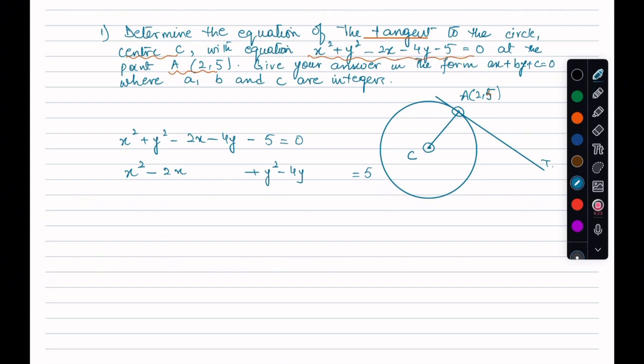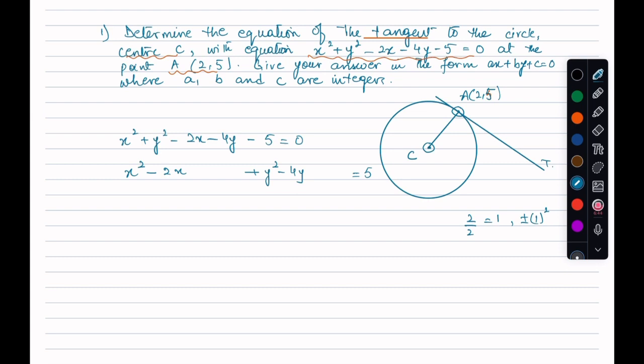To do that, I will be using my completing square method, and we know that for completing square method, we have to divide the coefficient of x by 2. If I divide the coefficient of x, which is 2 in this case, by 2, I'm getting 1. So I should be adding and subtracting 1 the whole square to the equation.